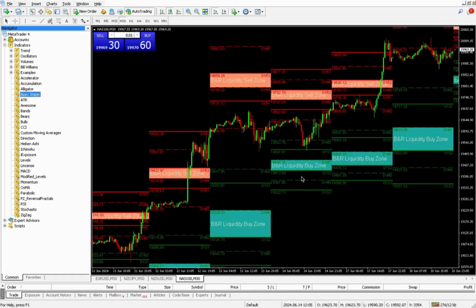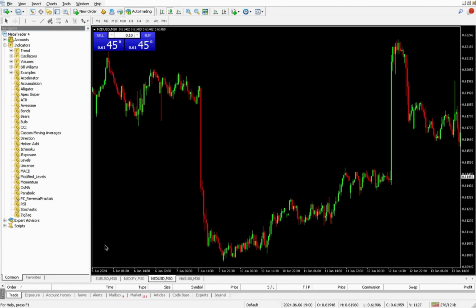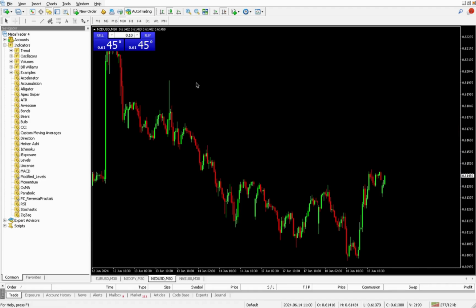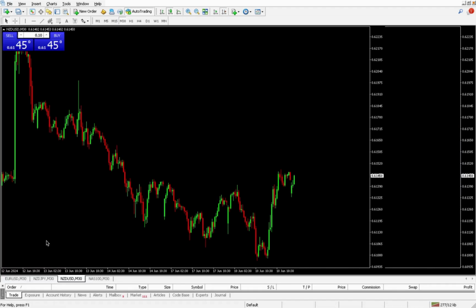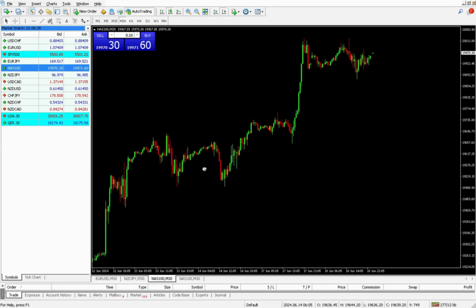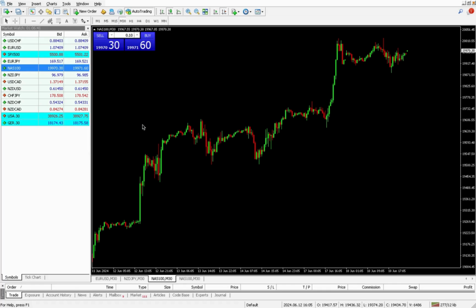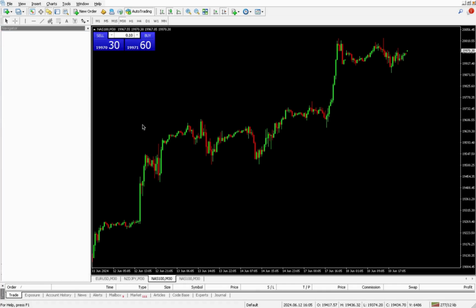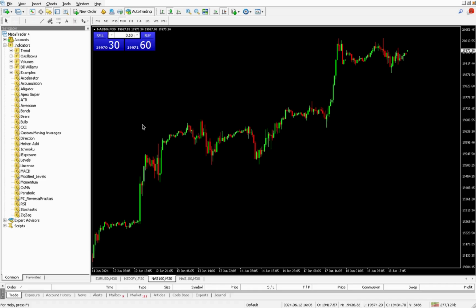So I'm going to load this on the NASDAQ because this is one of the charts where I use the indicator the most, right? So on this other window, I'm going to load the NASDAQ again, because we use 2 confirmation methods in order for you to ensure that you are using the indicator in the best way possible, right?